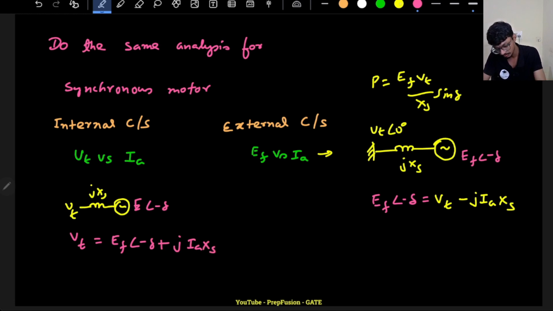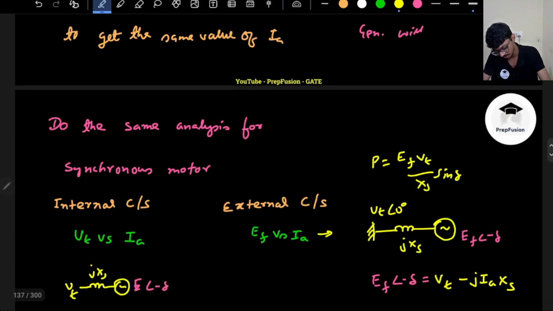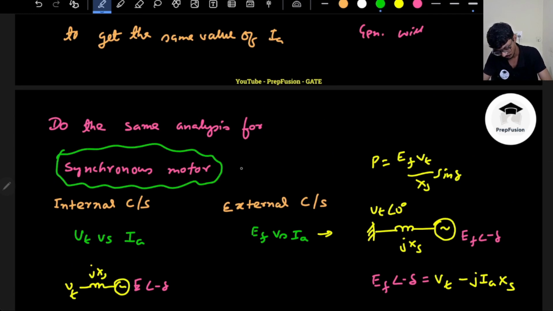So you will plot the graph as homework, and the answer will be basically opposite of the generator. I want you to think a bit.